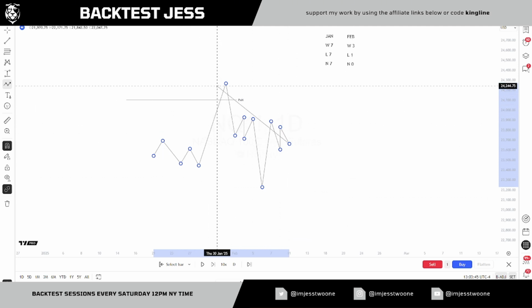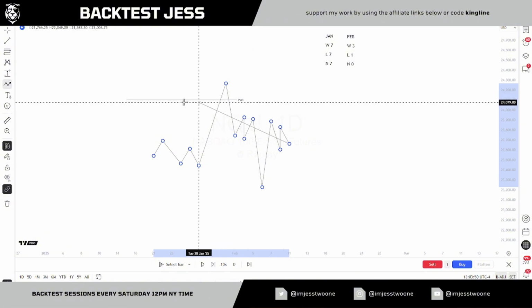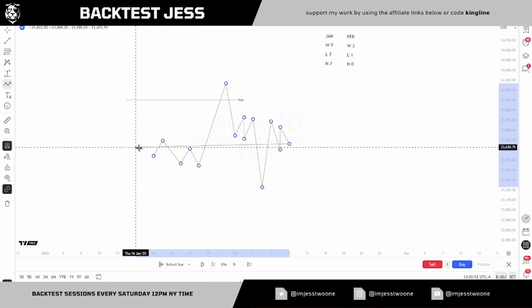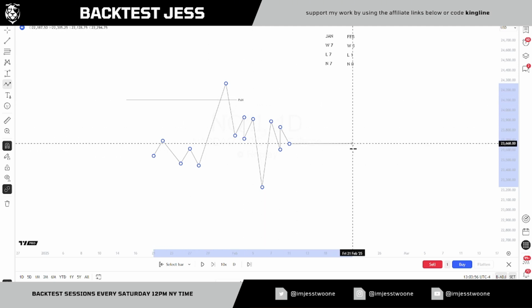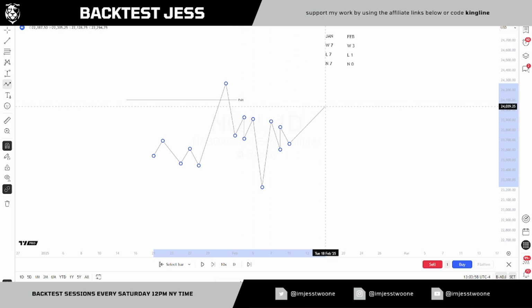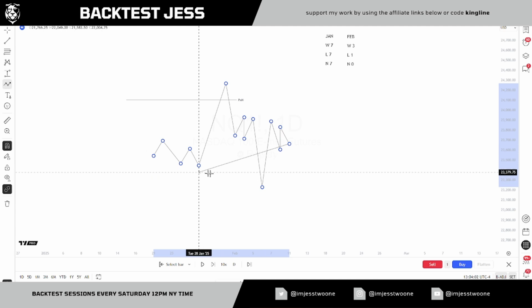Because we've already broken previous day high, that confirms that the day is bullish, if you're going into the day with your draw already being previous day high. Again, we have not broken lower, we simply swept the lows.